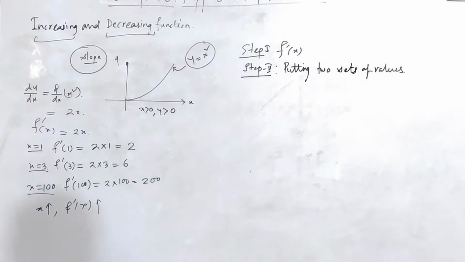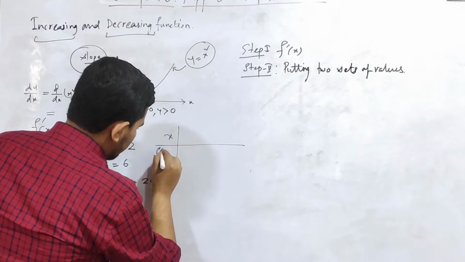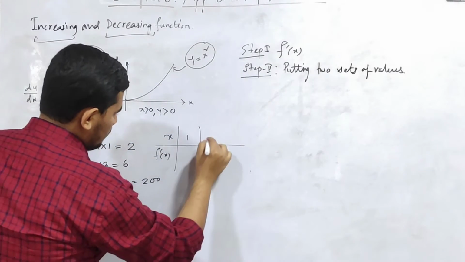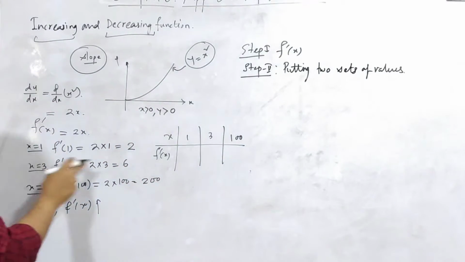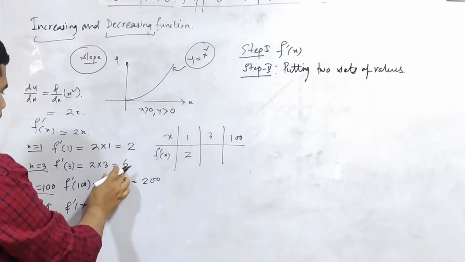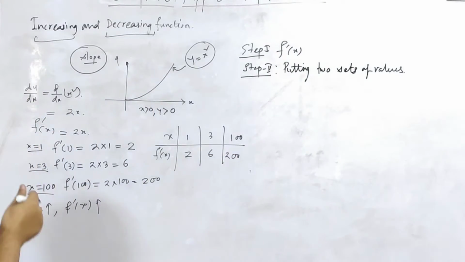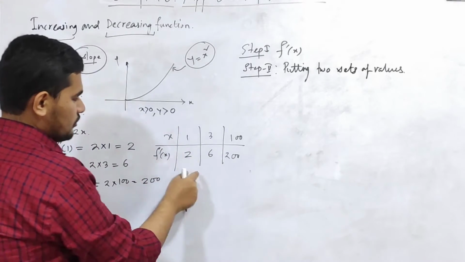After that, you can make a table also to simplify your calculations. Here x equal to 1, 3 and 100. At x equal to 1, f dash of x equal to 2, then 6, then 200. Now we see that as I am increasing the value of x, f dash of x is also increasing.